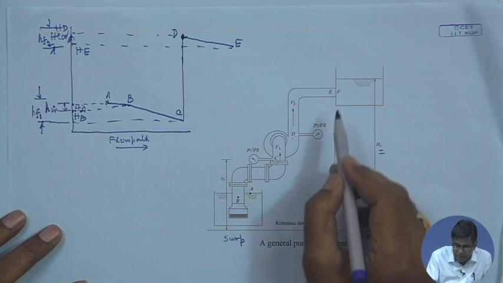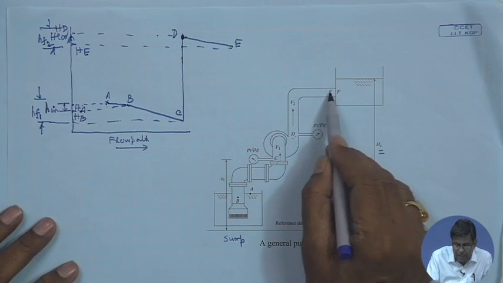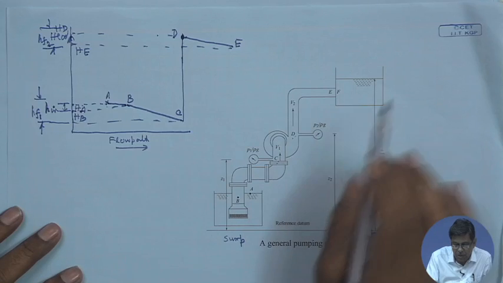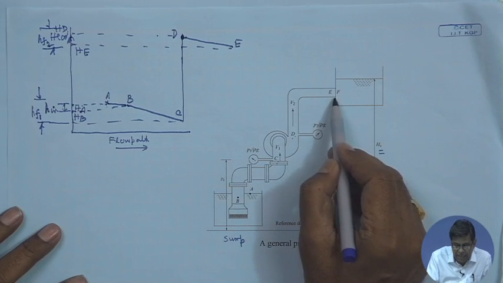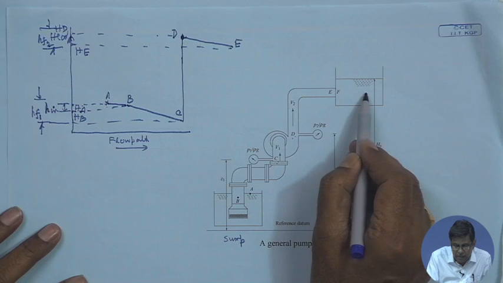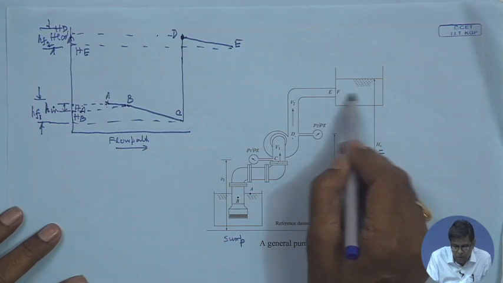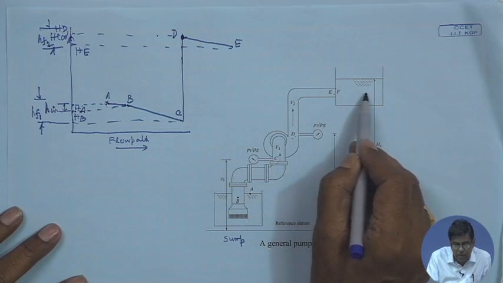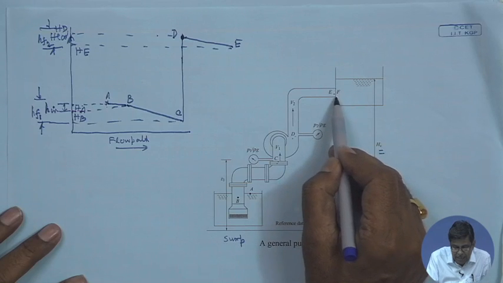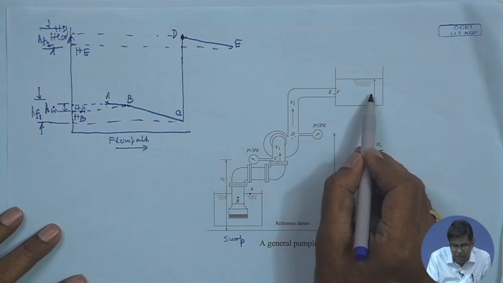Then from E to F, there is a loss known as exit loss. What is that physically? At E there is a velocity of discharge, that is, kinetic energy. When it is discharged into the atmosphere, into the reservoir, the fluid comes to rest. That means the entire kinetic energy at this discharge end is lost; it is degraded.